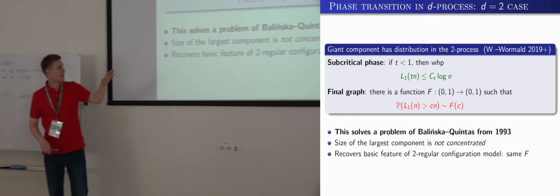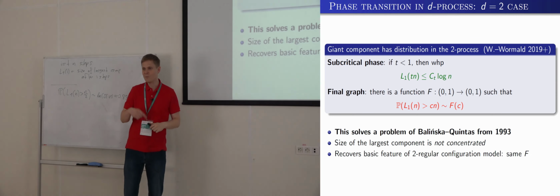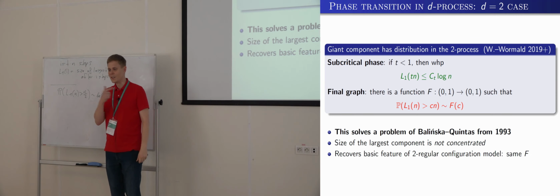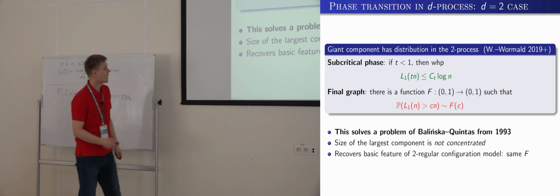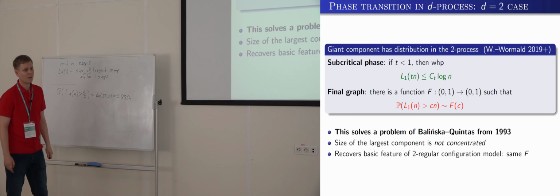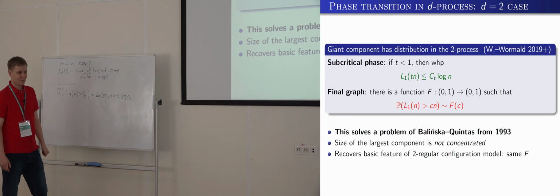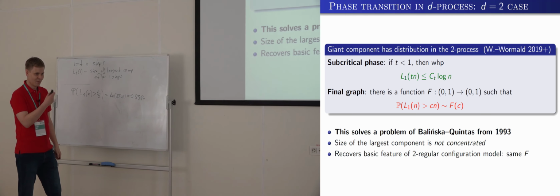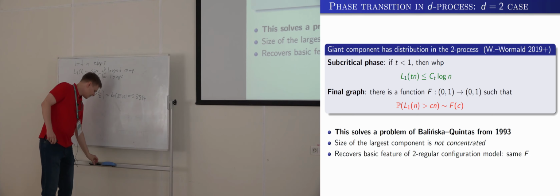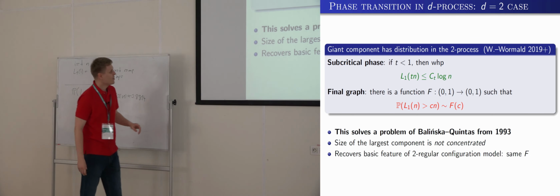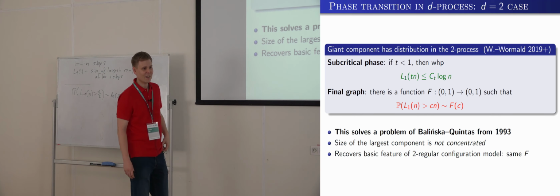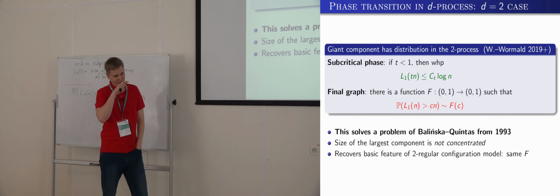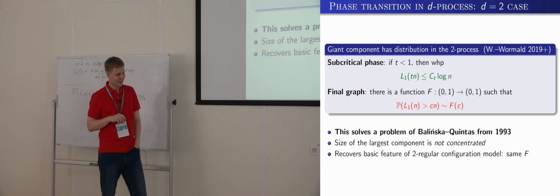So in that sense, this 2-process behaves more like a configuration model, not like Erdős–Rényi. Is this like the cycle size of a random permutation? You can basically mimic the same proof, which is well studied. I mean, it does not yet explain why it comes in here in the 2-process, but the result is similar.